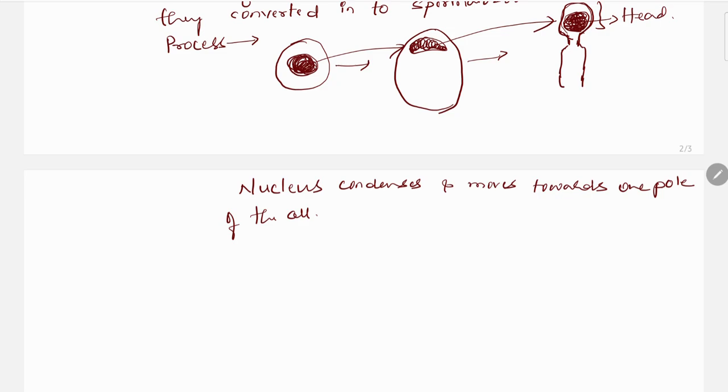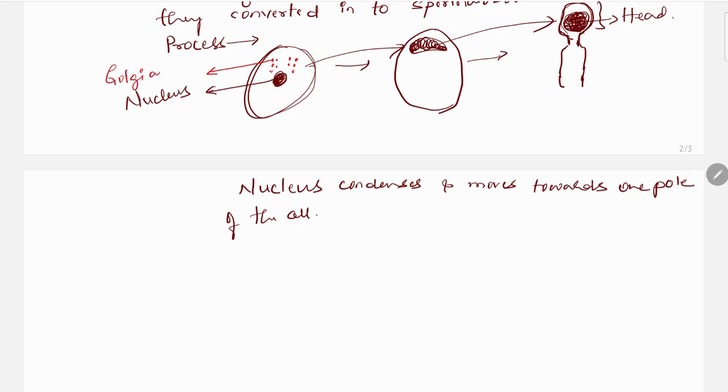Now, this cell does not have only the nucleus, it also has some Golgi apparatus here. We'll take a different color for this one. This is a spermatid, this is the nucleus, we'll mark it as nucleus. Say this red color, for example, we will name as the Golgi apparatus.